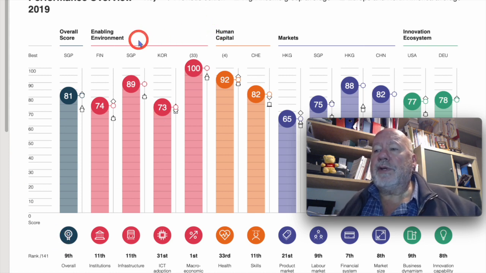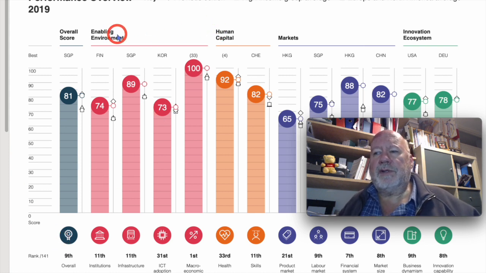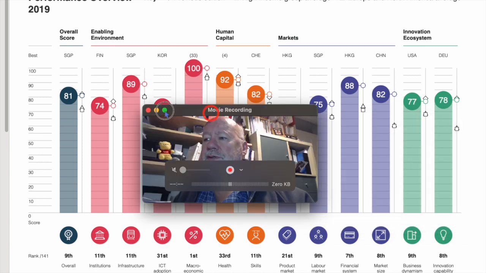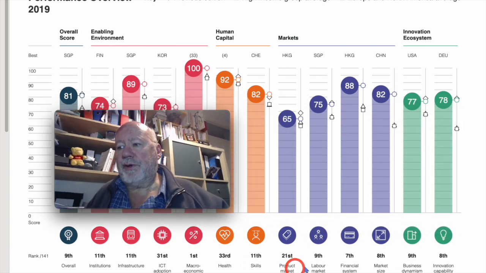But not only do they look at the environment, they look at human capital, they look at health and skills, and they look at markets, and this is an interesting one. They consider the product, the labour, the financial markets and the size of markets.